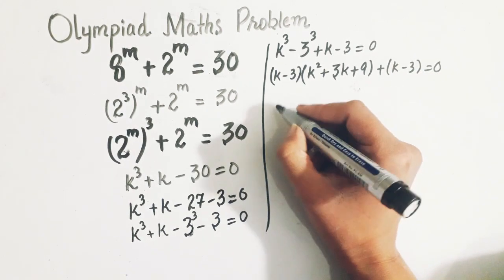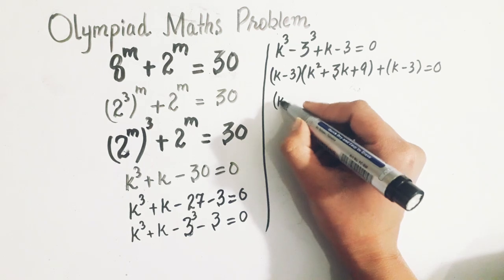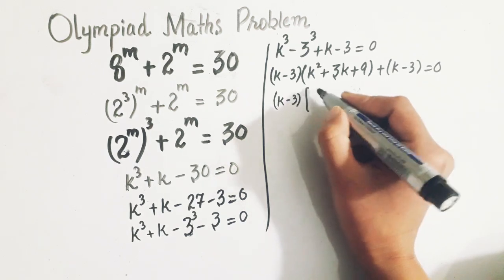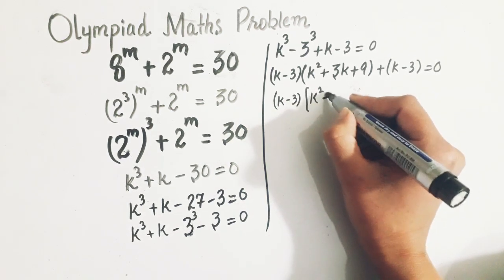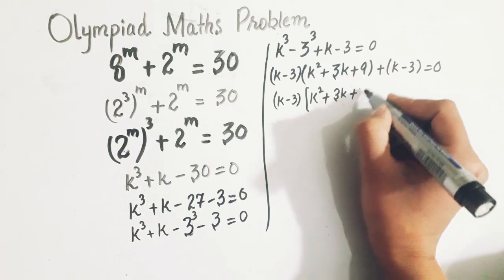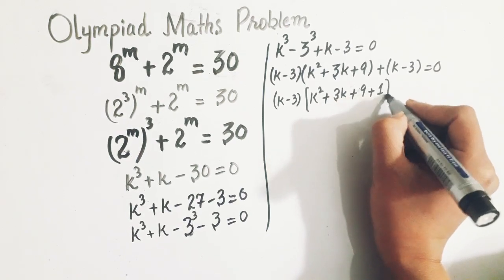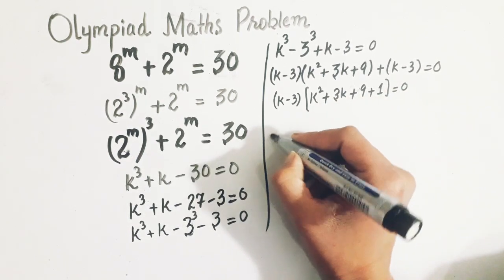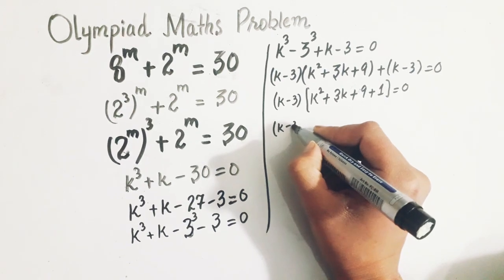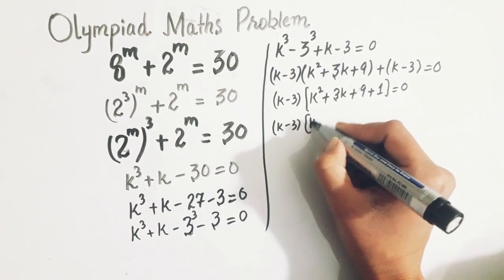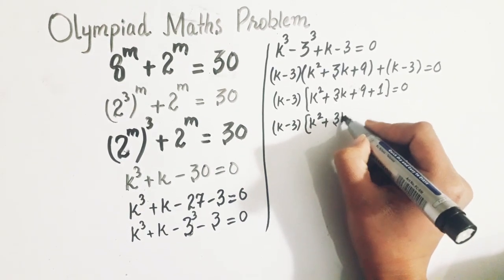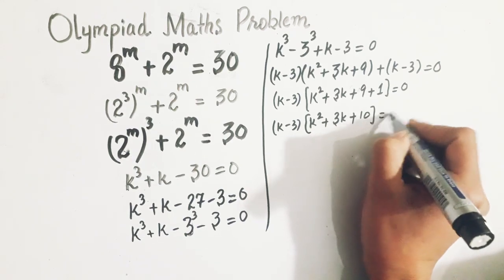We can take k minus 3 as common from this. So the remaining will be k square plus 3k plus 9 plus 1 equals 0. So we get k minus 3 into k square plus 3k plus 10 equals 0.